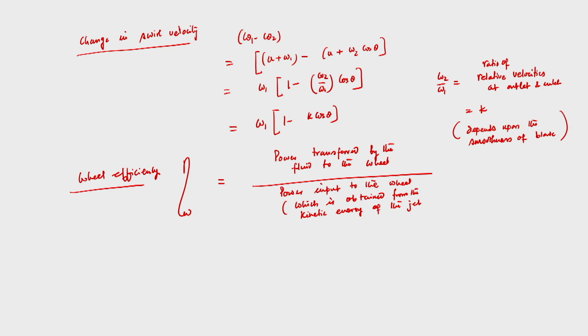So the wheel efficiency is defined as the ratio of the power transferred by the fluid to the wheel, to the power input to the wheel.